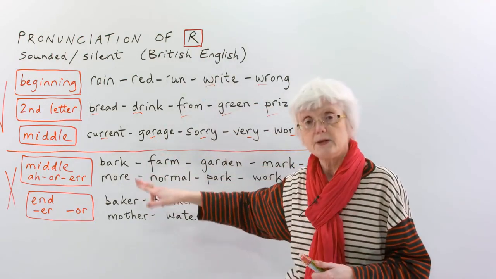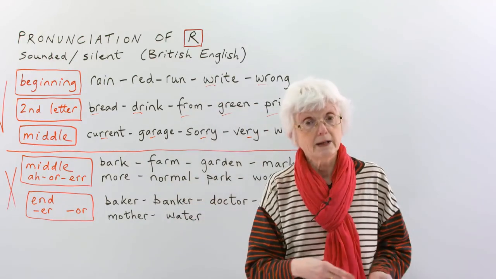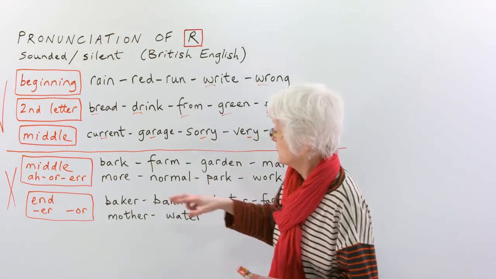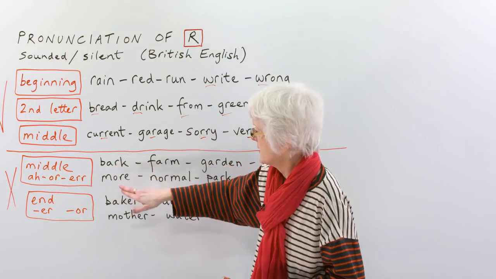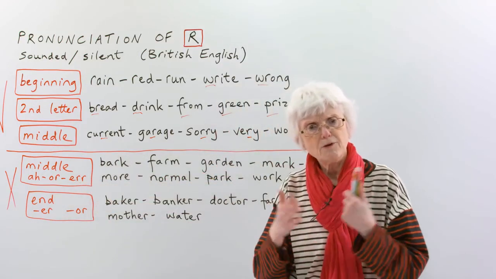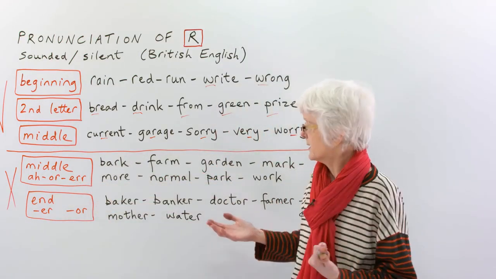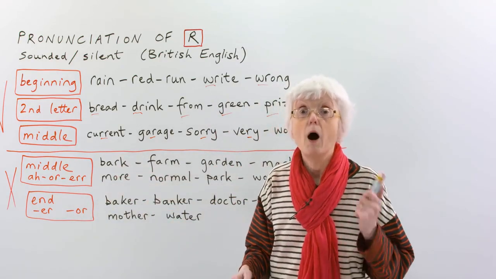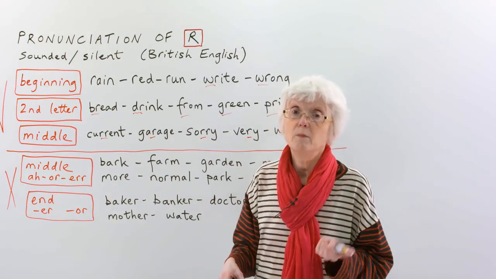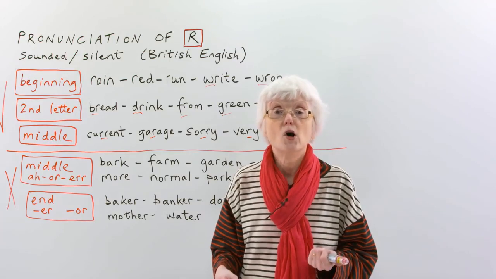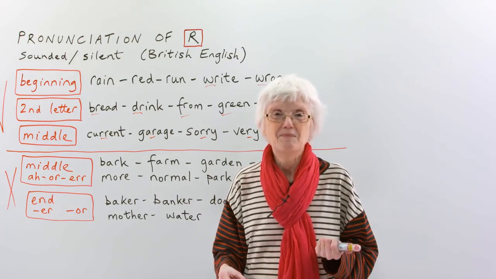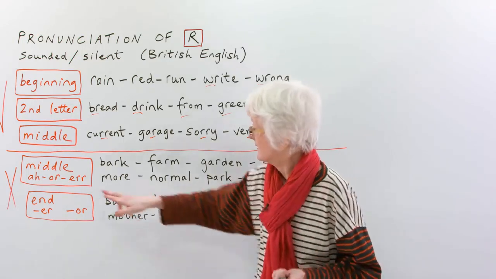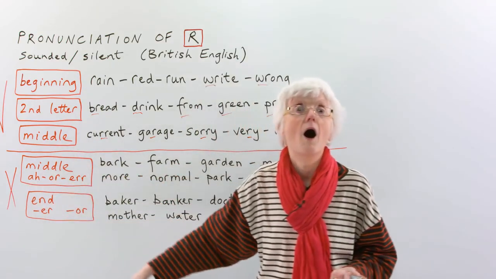Okay, so now let's move on to look at the words where the R is not sounded in British English. And this is where it differs sometimes from American speakers and Canadian speakers. I'll try to demonstrate that. So if it's in the middle of a word, but the vowel sound is quite long sometimes. So with bark, the sound that a dog makes, an American person might say bark, but a British person just says an open R sound, like this, R, bark.